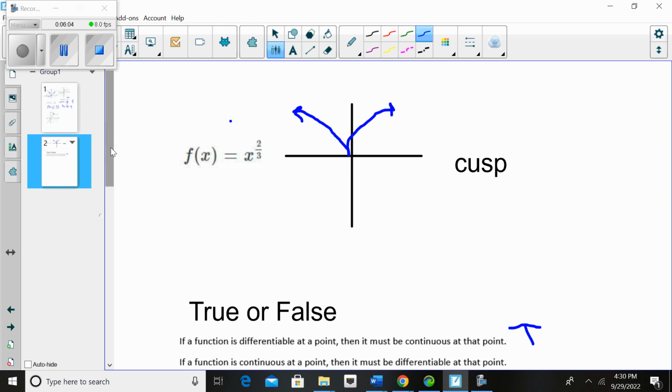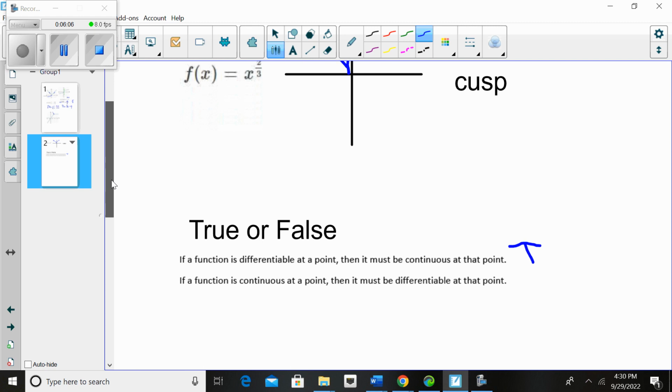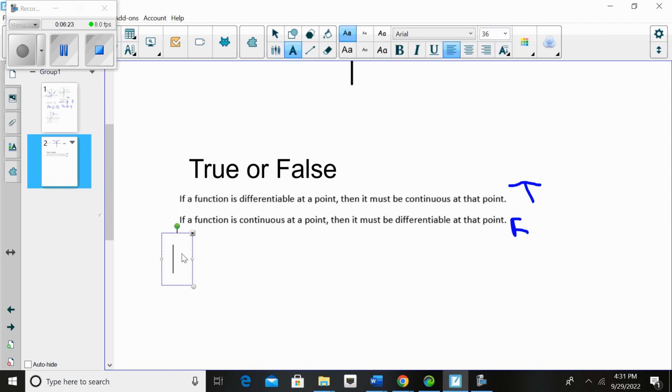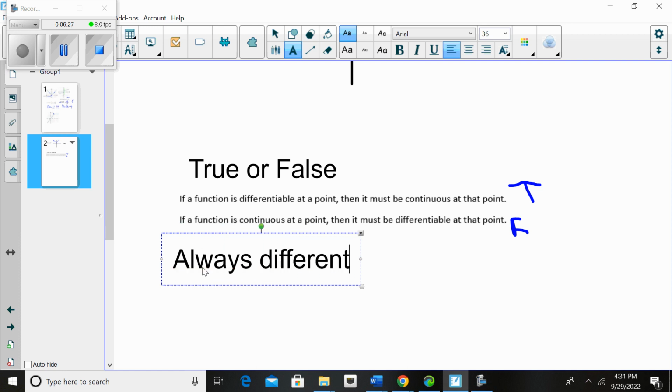And therefore, when we come down here and we do our true and false, just because a function is continuous at a point doesn't mean it's differentiable at that point. So that would be a false. When we look at functions that are always differentiable, what's always differentiable of our favorite friends as far as the functions?